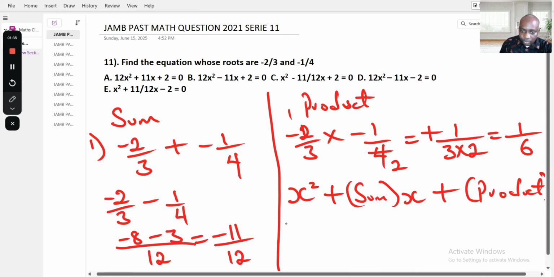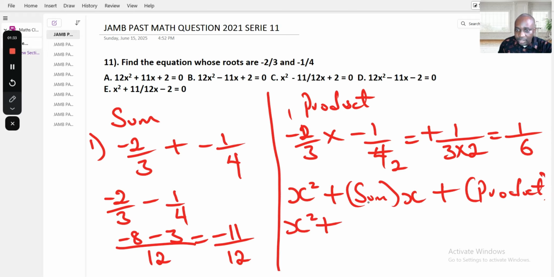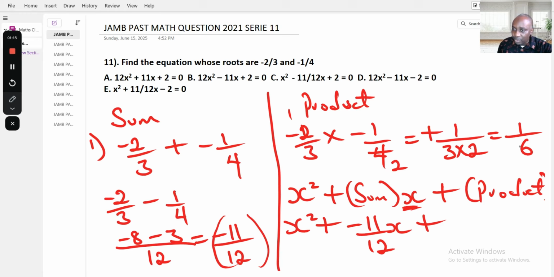For the sum, we get minus 11 over 12. Don't let us forget this x. You need to put this x with the sum, plus only the product that does not have any x. What do we have for the product? The final answer we get for the product is 1 over 6.